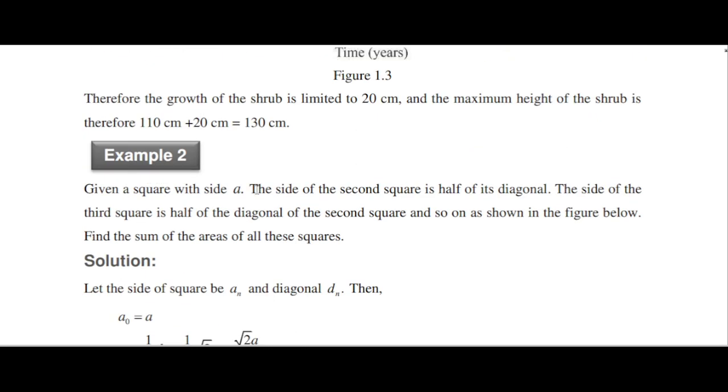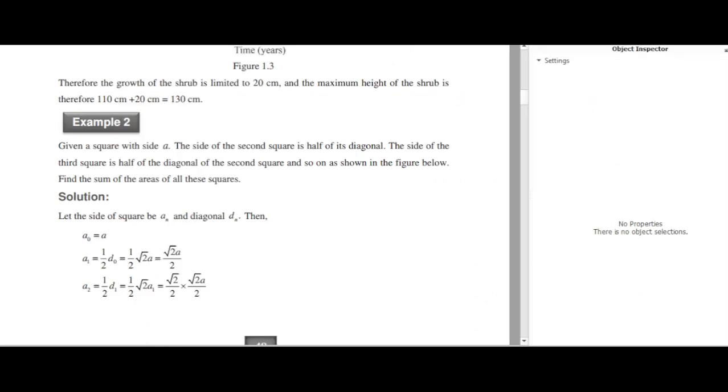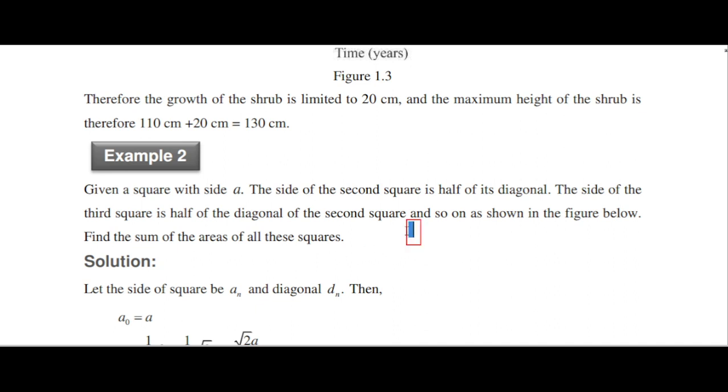Generally, to compute the area of a square, we use the formula area equal to length squared, L squared. This is the formula to find the area of the square. We have side length A, so the area is A squared.